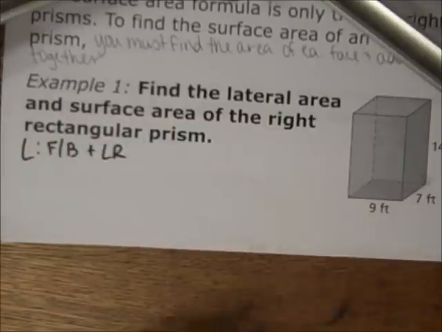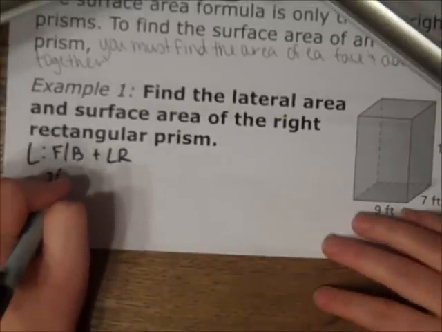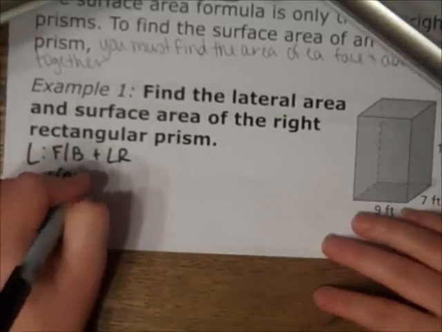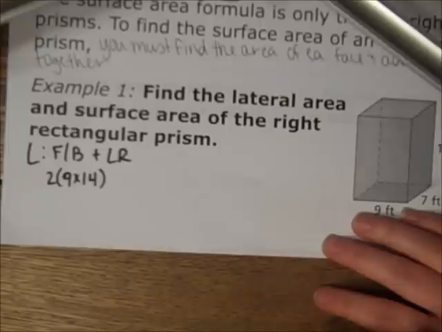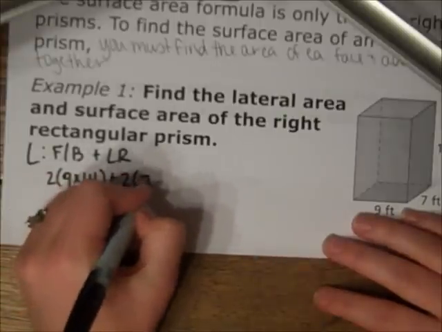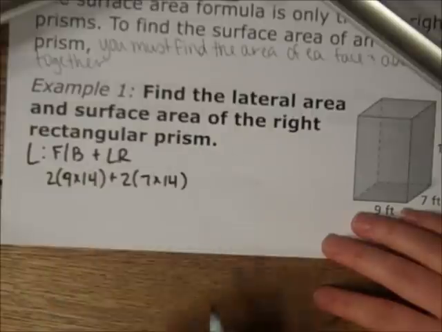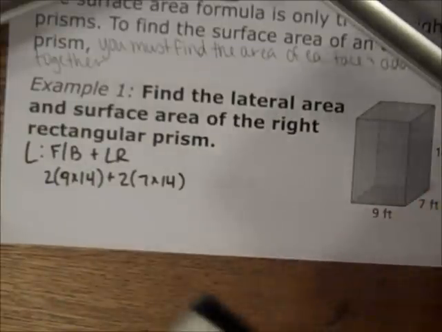The front is 9 by 14, so is the back. So I'm going to have two 9 by 14s for the front and the back. Then for the left and the right, I'm going to have two 7 by 14s.